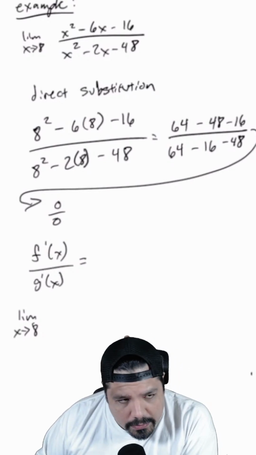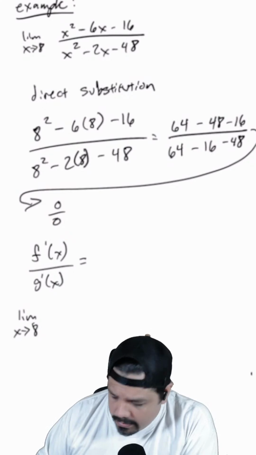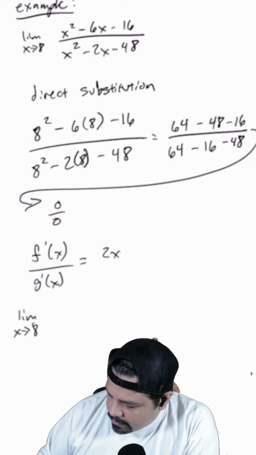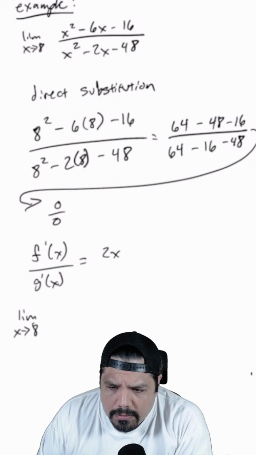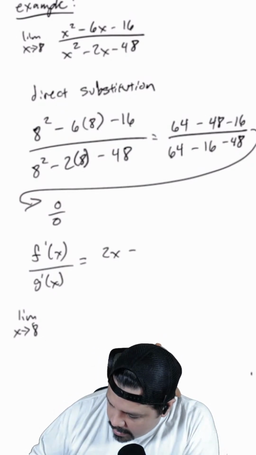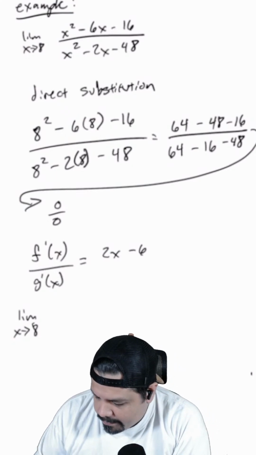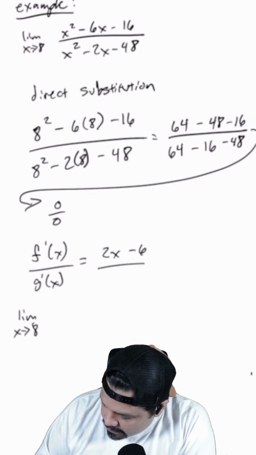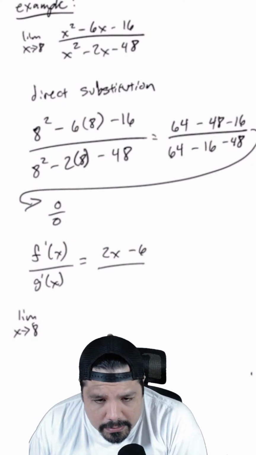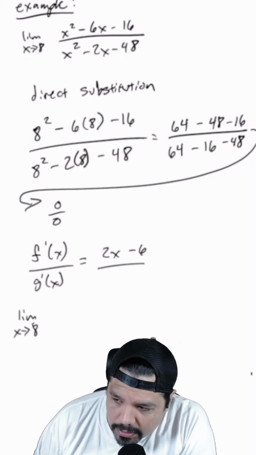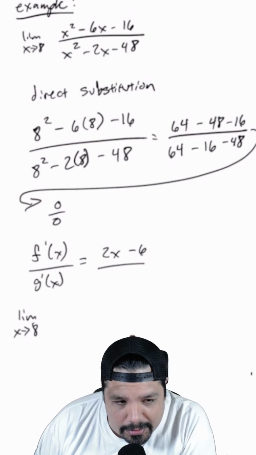Well, the derivative of x squared is 2x. What's the derivative of negative 6x? Negative 6. Derivative of a constant's always 0, right? Yes, it is, ladies. Yes, it is.